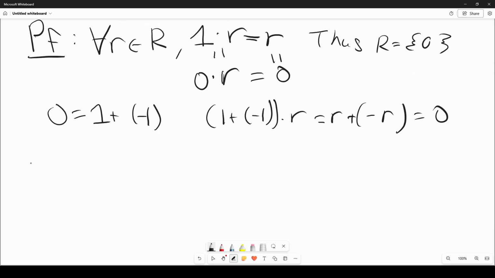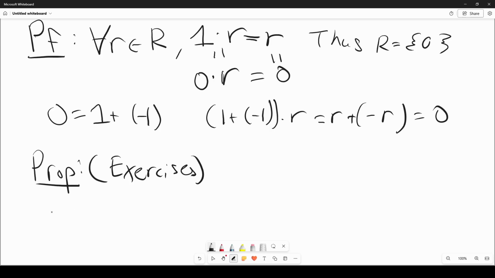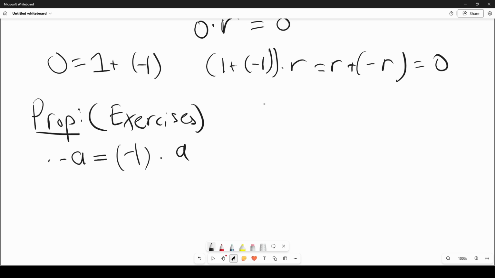Okay. And then maybe just a couple other exercises for you to get used to working with rings. I recommend you just try these out. So for example, I use this fact here, but the additive inverse of a, which I'm just calling negative a, is just equal to negative 1 times a. And that follows from this exercise up here.